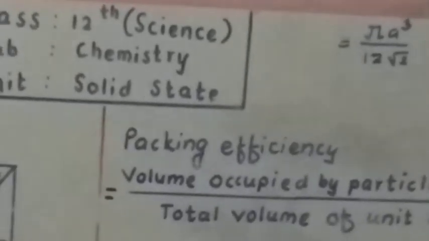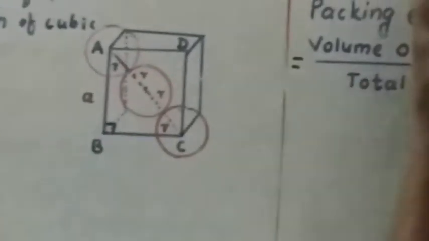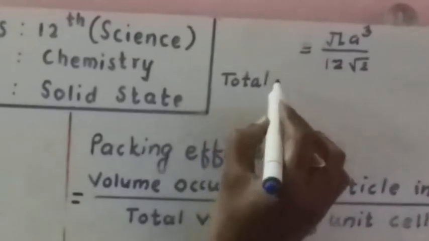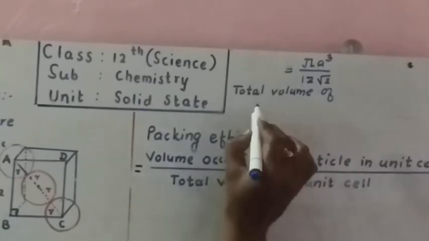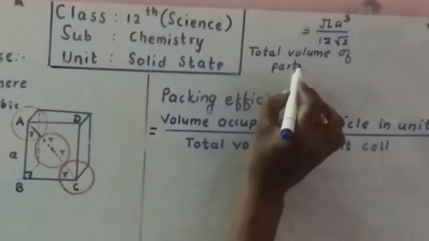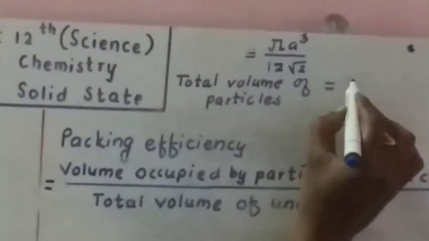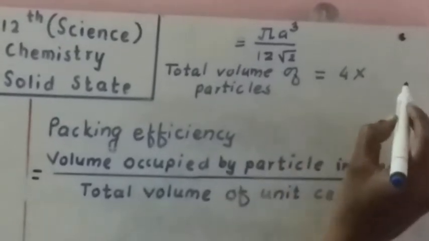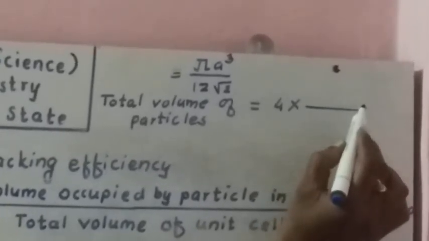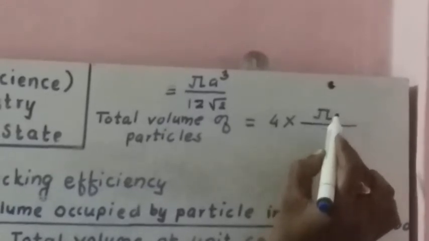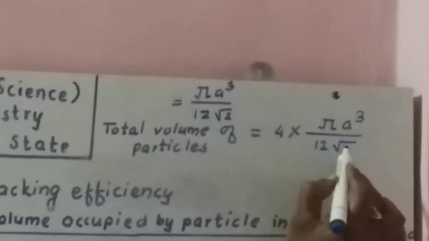Here, the total volume of particles. There are 4 particles present: one at the 8 corners of the cube and 3 at the faces, since half a particle is present at the center of each face of the cubic cell.